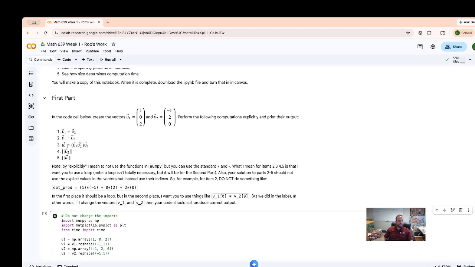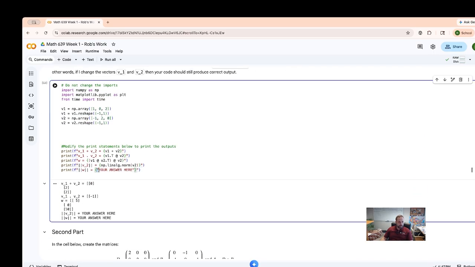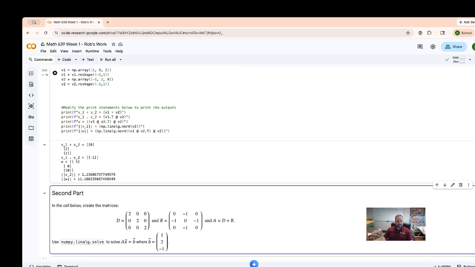And down here, W is equal to that. So now I'm just going to do np.linalg.norm, and this is my W, so I'm just going to copy and paste it here. Okay, we're going to run this.